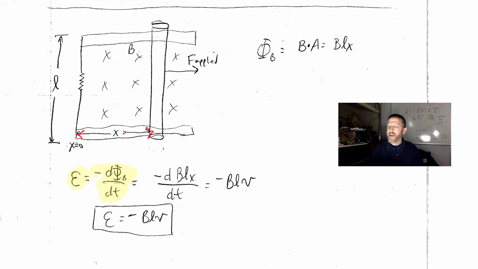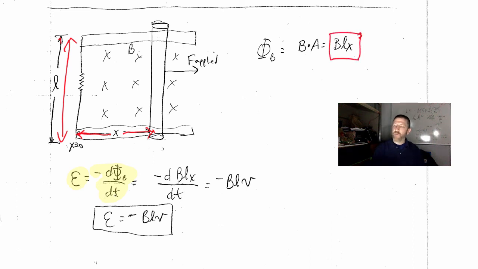We're just going to call that x, the distance that the bar is away from x equals 0. So our area is L times x, and our flux is BLx.